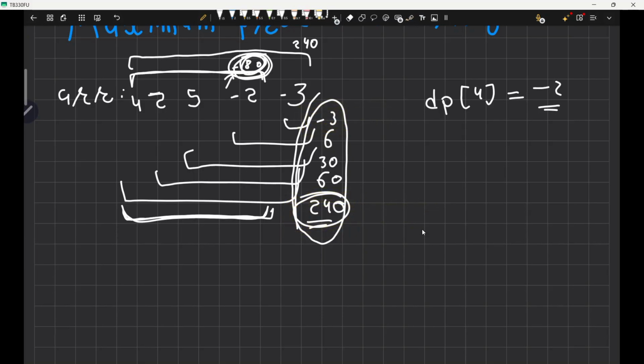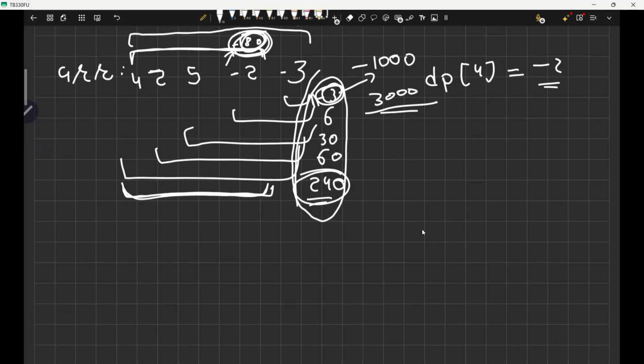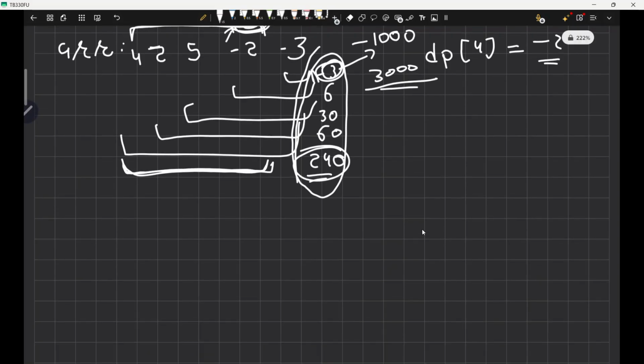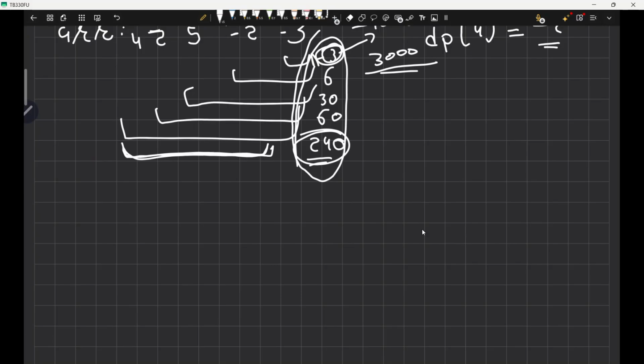Because let's say if there was a minus 1000, then minus 3 into minus 1000 gives you plus 3000, that's it. So yeah, the minus sign can be removed at some point.